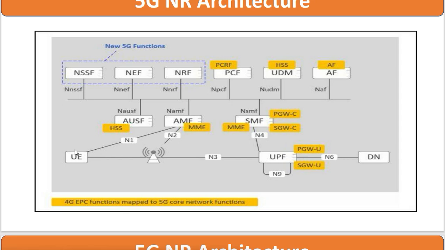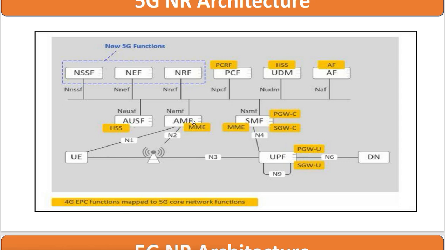Like here you can see UE is the same for 4G and 5G. UE means user equipment, means mobile phone. And here you can see the authentication server function is the same as HSS in 4G, the home subscriber server.